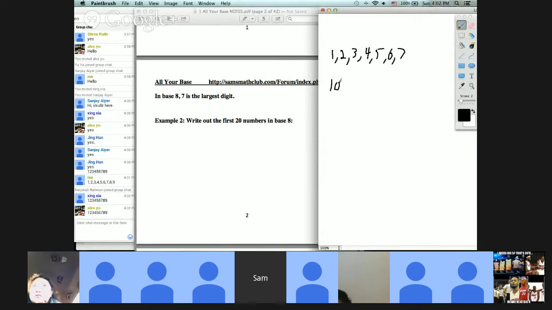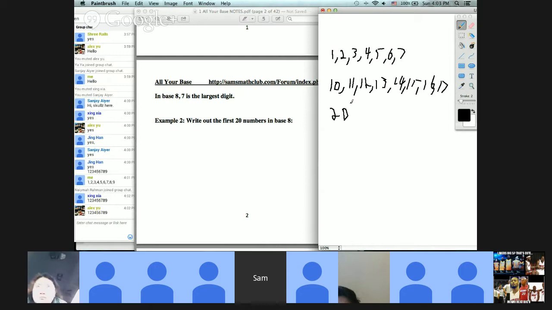It's going to be 10, because you can't have 8 or anything larger, so you have to have 10. Then it goes 11, 12, 13, 14, 15, 16, and then 17. Again, 17 is the largest, so then you have to go to 20.